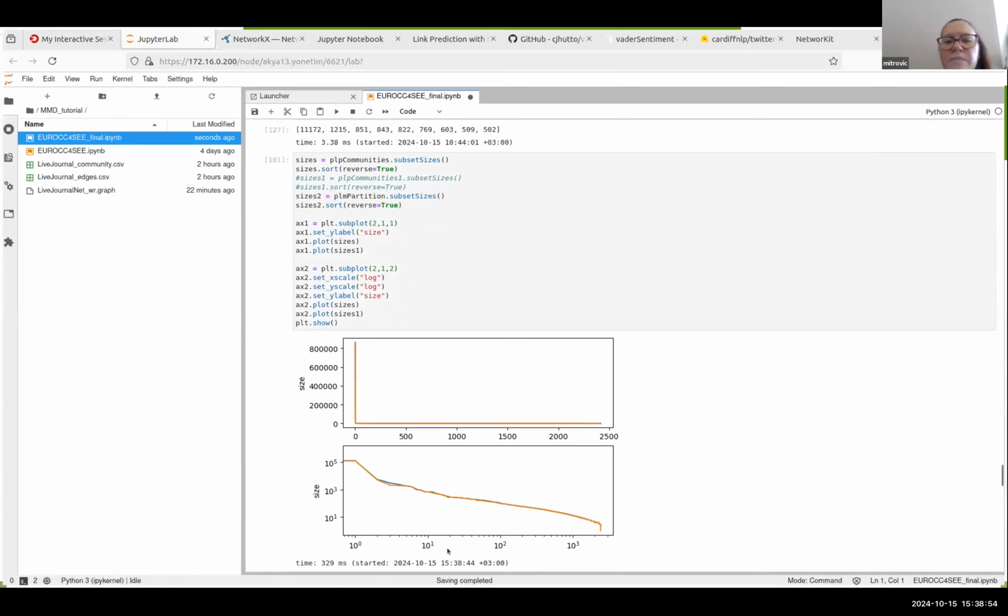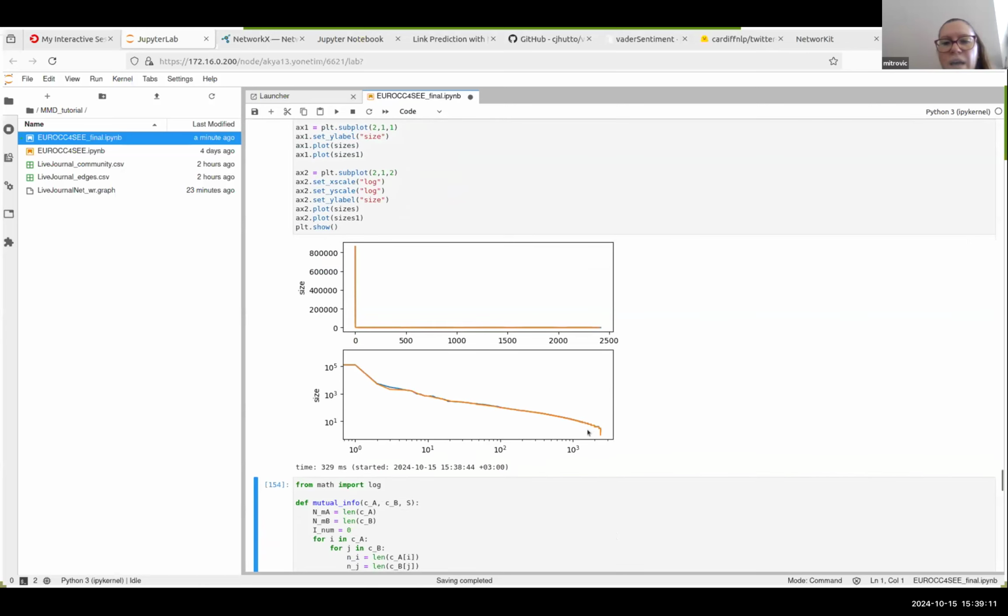This is a ranking. This means that the rank is on the x-axis, and the size of communities is on the y-axis. So we have a few communities that are of the size of tens of thousands of nodes, and then we see this very fast drop, and then we have communities that only contain one or two nodes, but only a few of them.